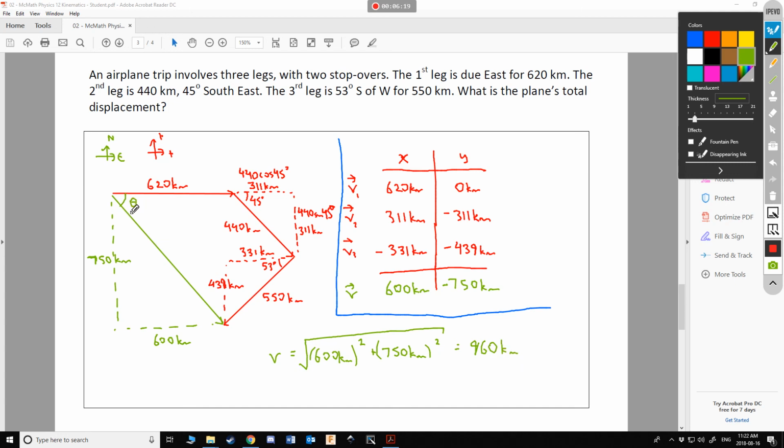So for theta, inverse tan is going to be 750 over 600. Now make sure we're in degrees, not radians. This is talking about physics class, not math class right now. So our overall resultant vector is going to be 960 kilometers, and the angle it comes out to be is 51.3 degrees. That's south of east.